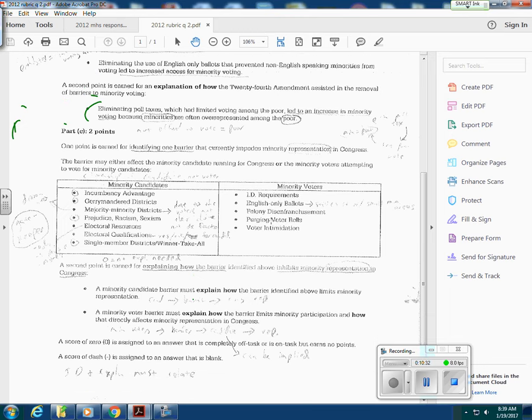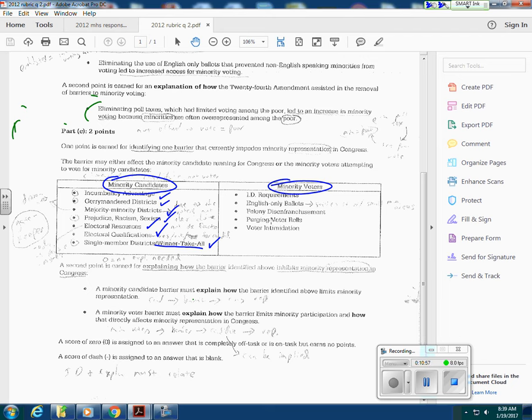And then finally, here's C, all right? And they give you basically two categories. So you could talk about what's limited minority candidates or what's limited minority voters, all right? And they have a whole laundry list of things. Incumbency advantage, gerrymandering, majority minority districts, prejudice, electoral resources, electoral disqualifications, single member districts, winner take all. That's our election system, all right?